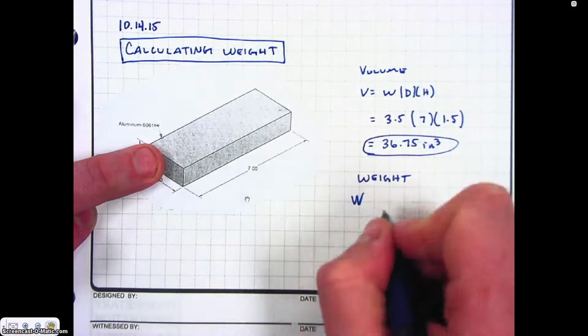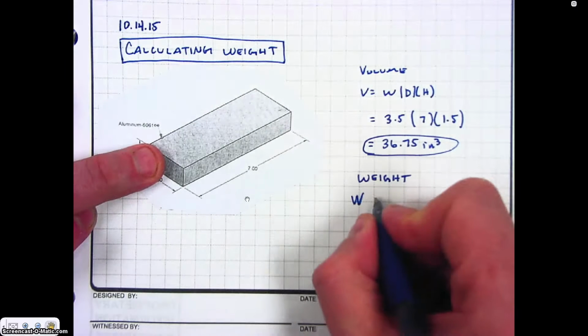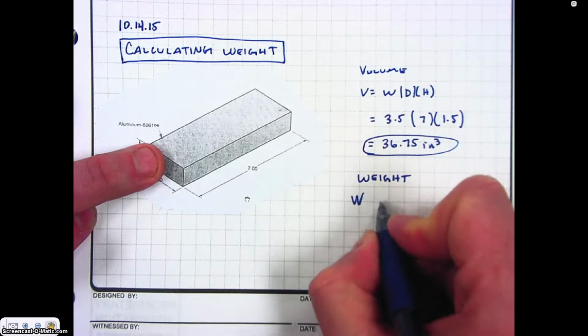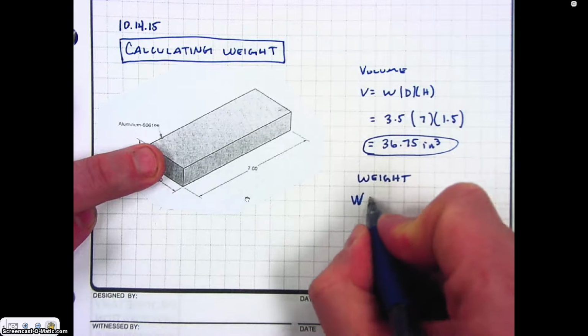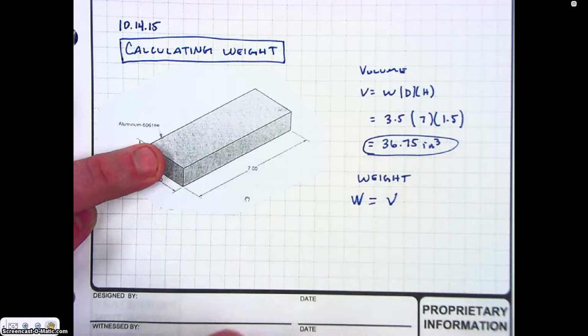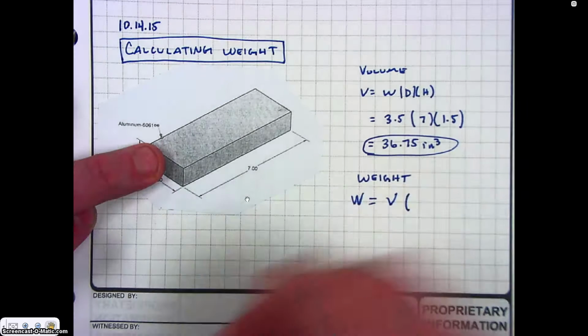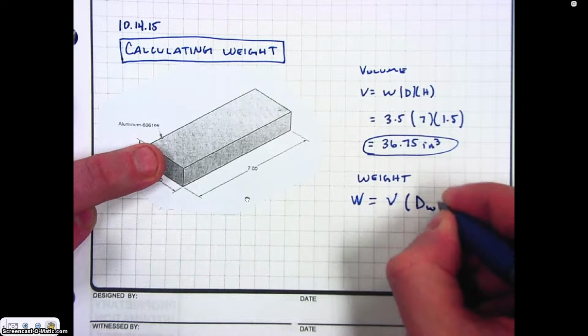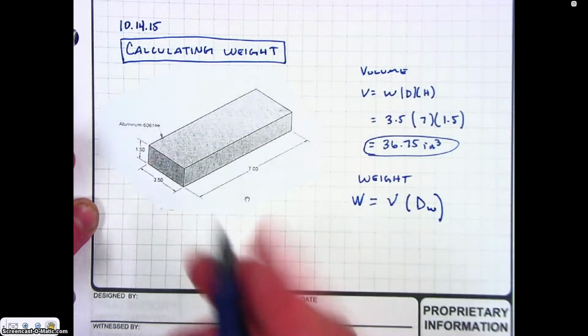And so all materials have a weight density. And so that's something that you could look up. You would never have to calculate weight density. So weight is equal to the volume, multiply that by the weight density of a material. So there's the variable for weight density.